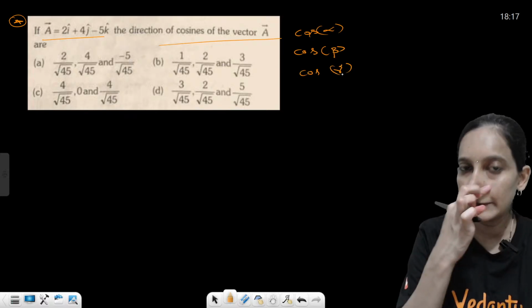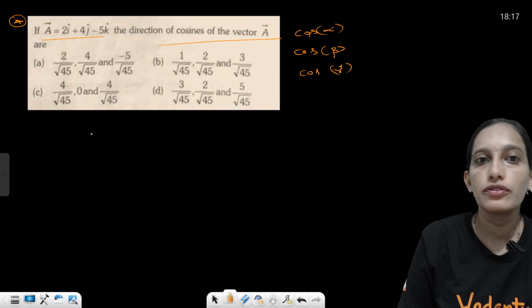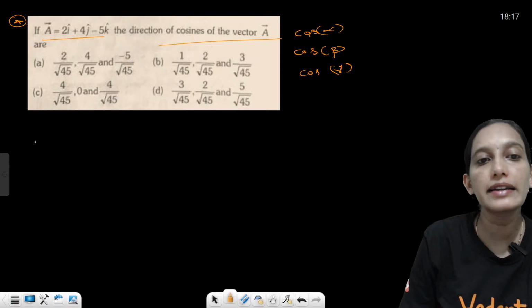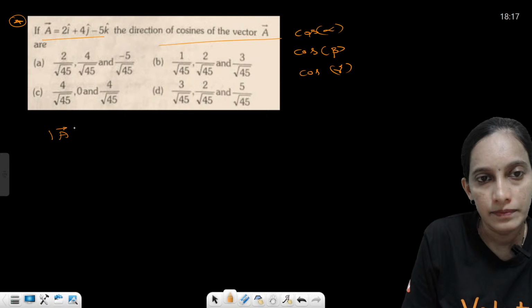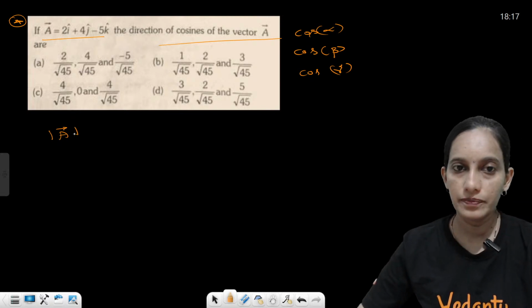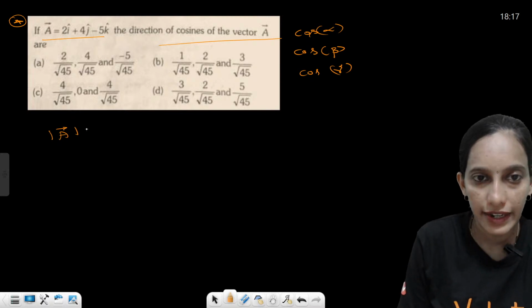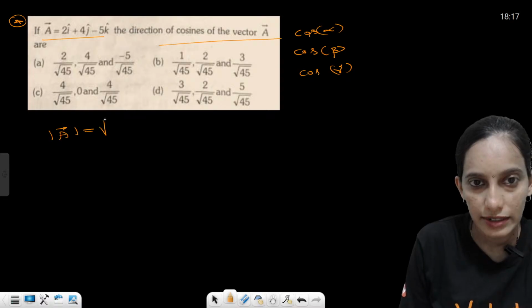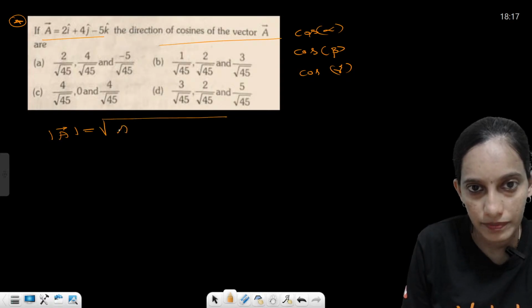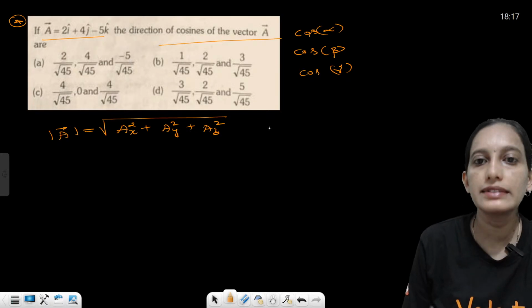I gave the formula at the beginning of the class. For that, first we need to find out the magnitude of the vector A. That is square root of ax square plus ay square plus az square.